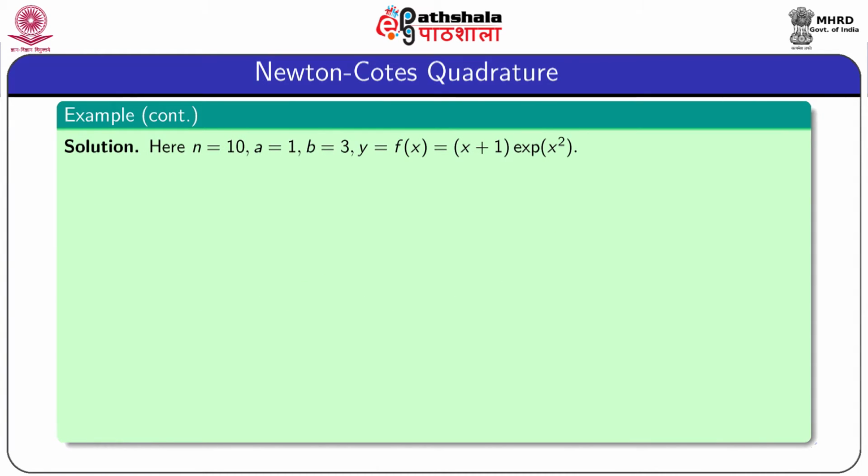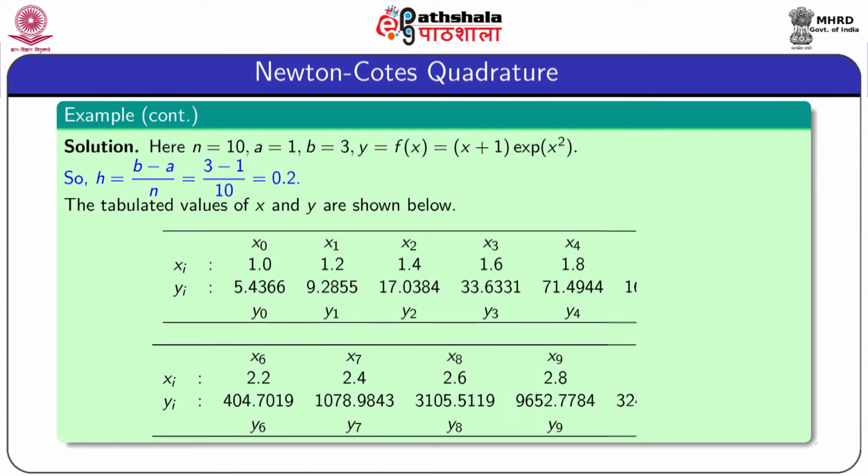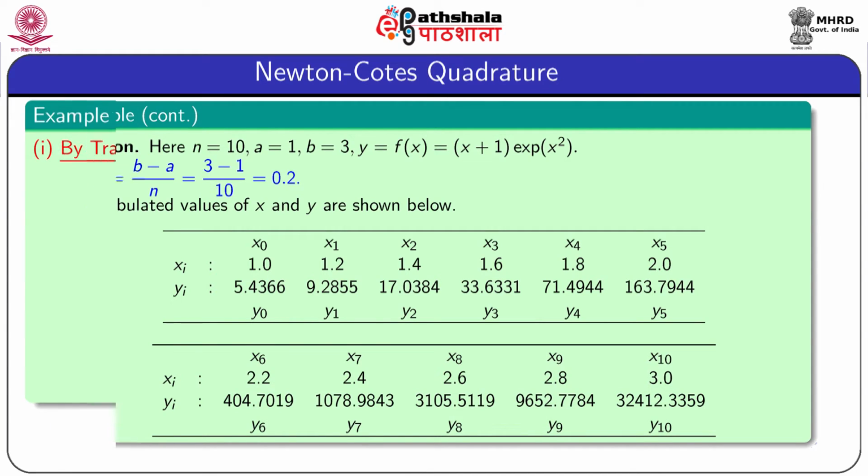That means n is 10, lower limit a equal to 1, upper limit b equal to 3, and the function f(x) equal to (x plus 1) into e to the power x square. Therefore, h, the length of the interval, is (3 minus 1) by 10, which is equal to 0.2, and this is the tabulated value of x and y obtained from the function.